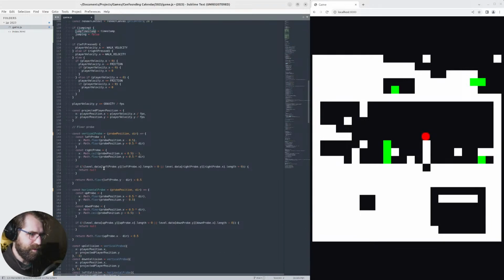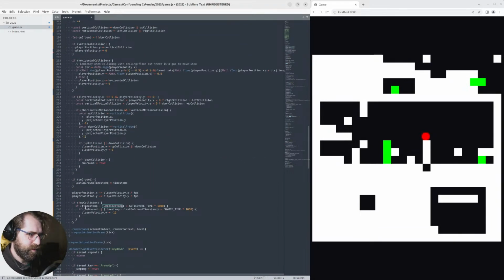Then over here we're going to do if up collision, and then if this, we just have 3 ifs in a row here. We should combine them. If jump timestamp is not null, and this happens, and we jump.